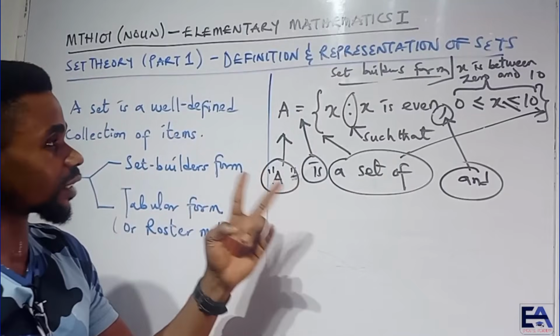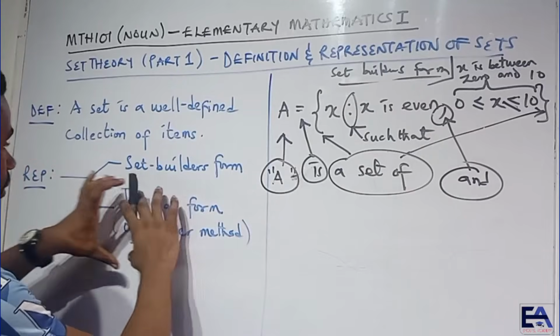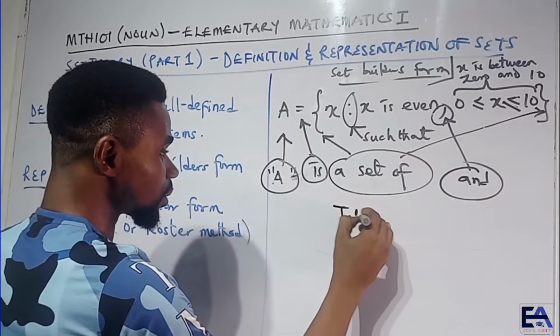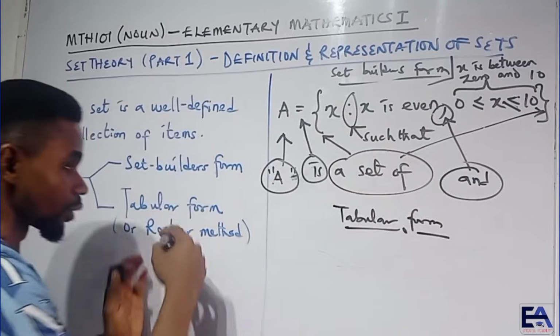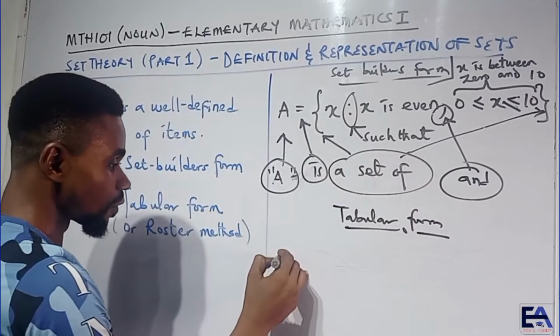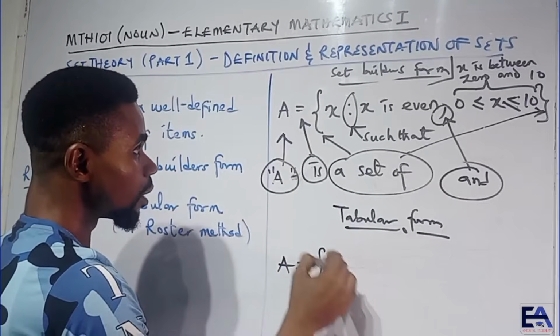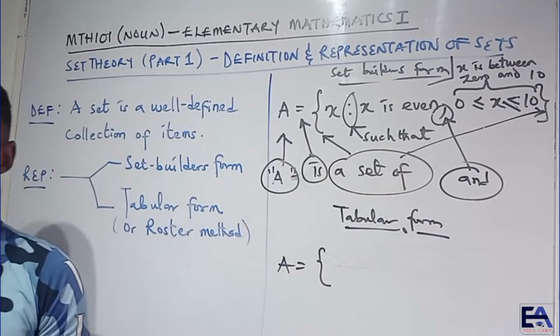If we are to represent this same thing in the tabular form, the tabular representation of this whole thing I just wrote here is going to be in the form of A is equal to, so we want to list all even numbers between 0 and 10.